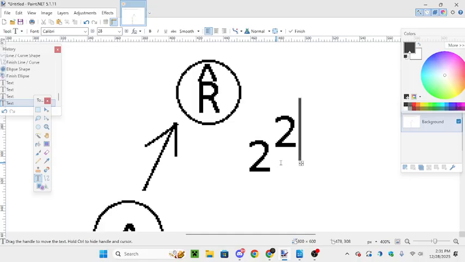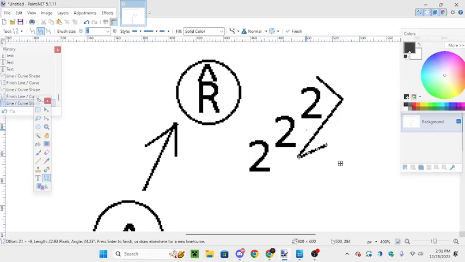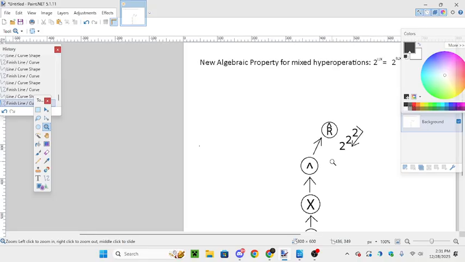This is really hard to do on paint.net. This power tower is exponentiation, and you start at the top, and then you simply compute it going down the tower. So that's right tetration.